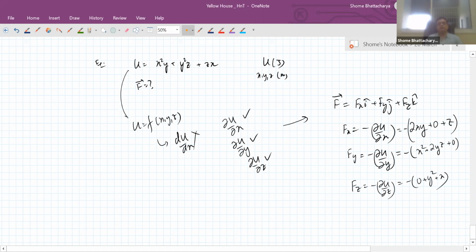So these are the individual three components of force. Therefore, I can say that the force is minus of (2xy plus z) i cap plus (x square plus 2yz) j cap plus (y square plus x) k cap. These are the three components of the force.